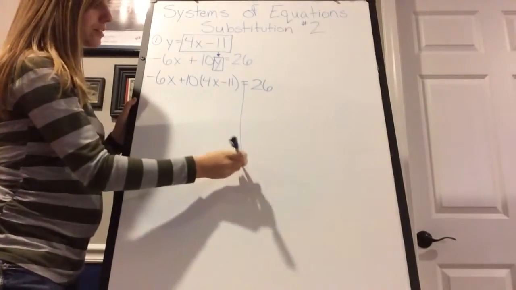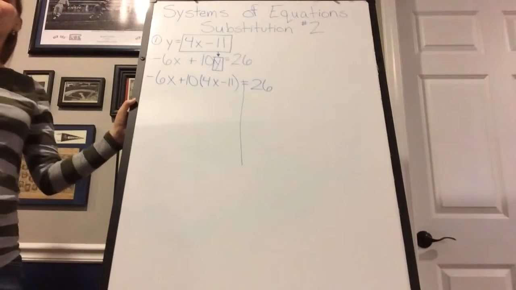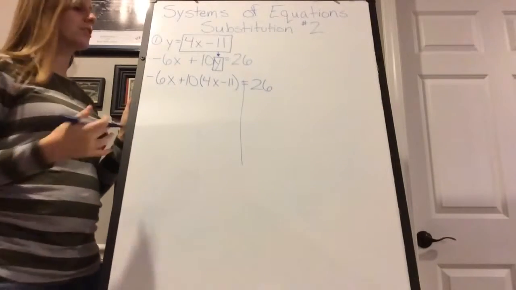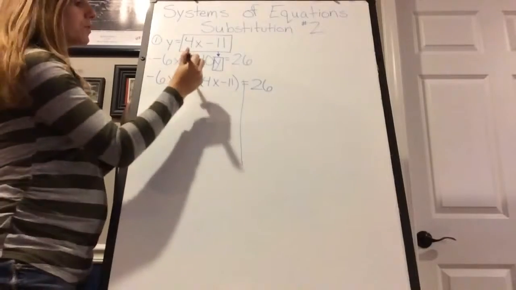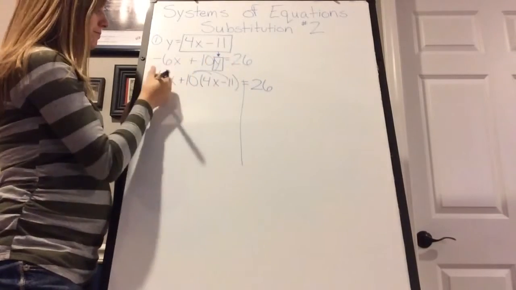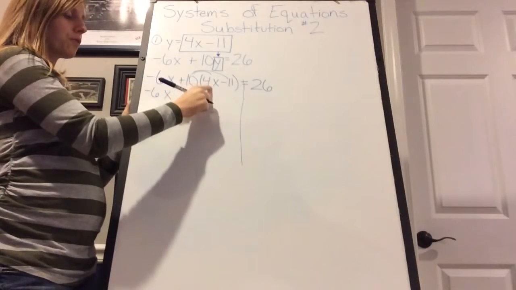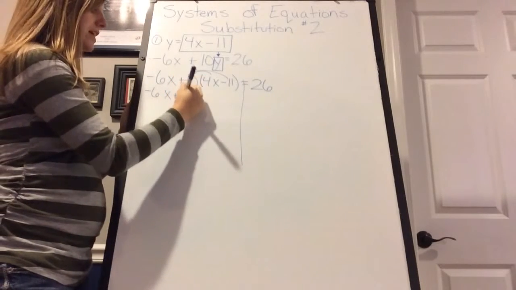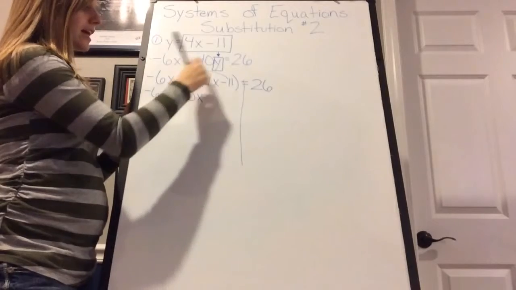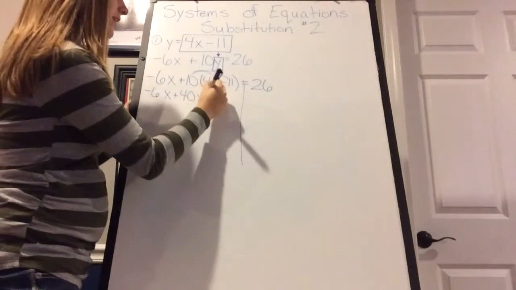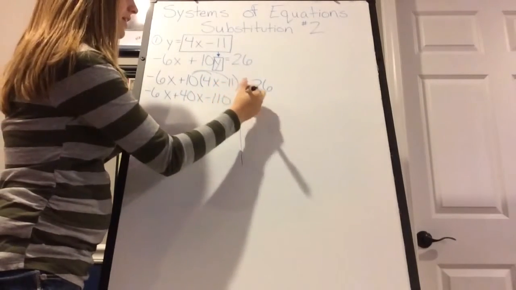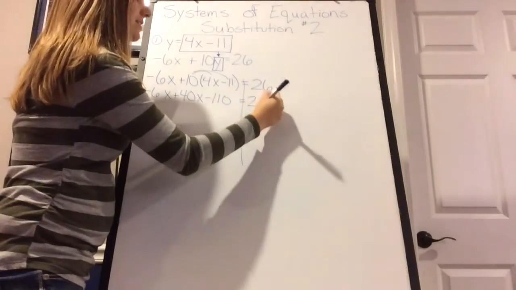So I draw my line through the equal sign. I need to get rid of the parentheses first, so I need to do the distributive property, which means I multiply by 10. My negative 6x stays the same. 10 times 4x is positive 40x, and 10 times negative 11 is negative 110, equals 26.